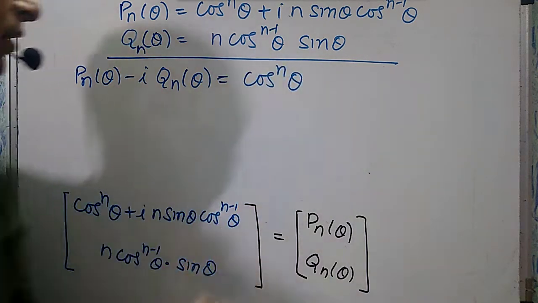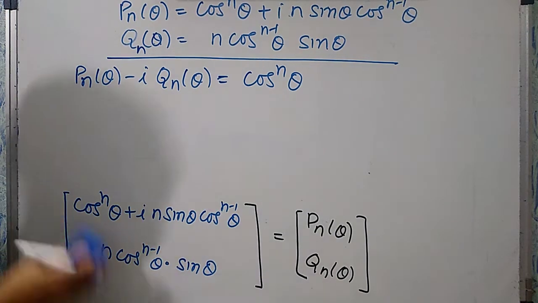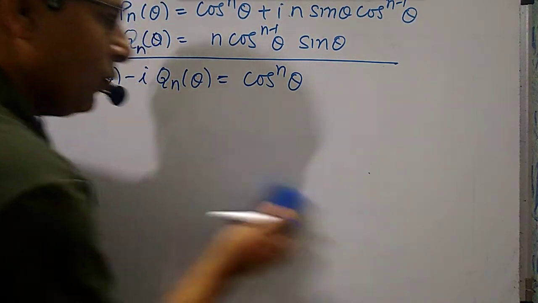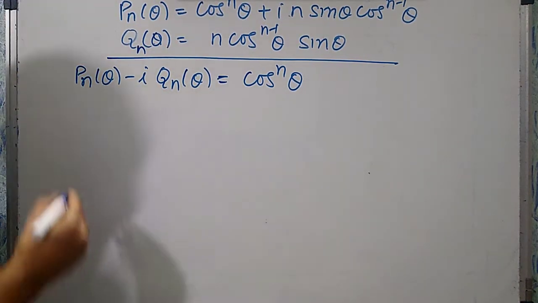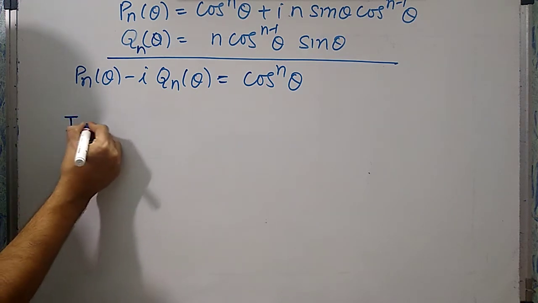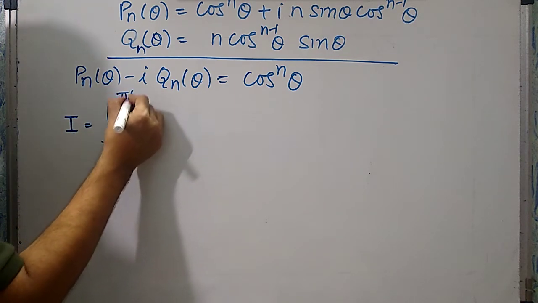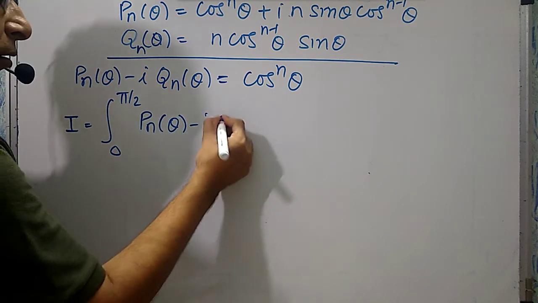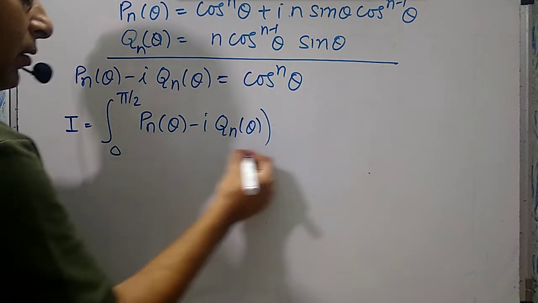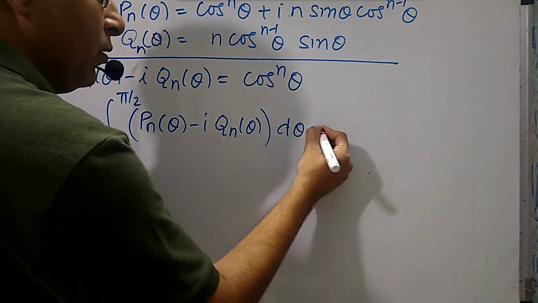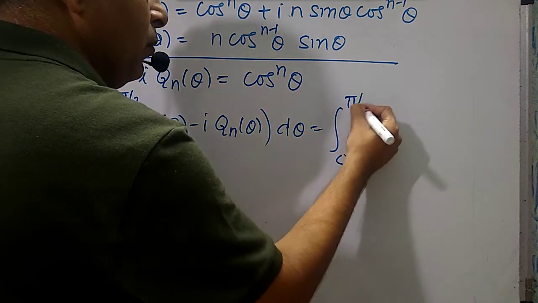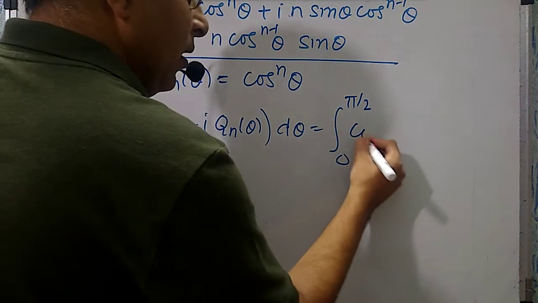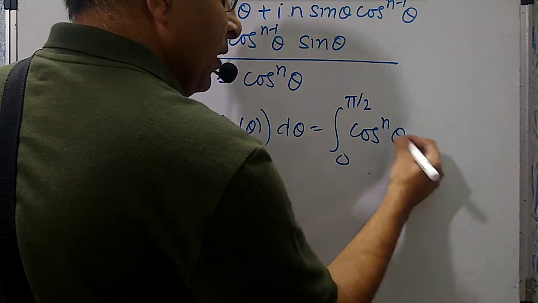So this will give you cos to the power n theta, and it is given that I equal to the integral from 0 to pi upon 2 of Pn theta minus I Qn theta d theta. So it is 0 to pi upon 2 of cos to the power n theta d theta.